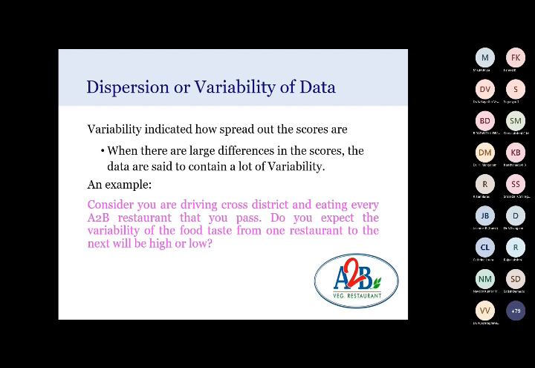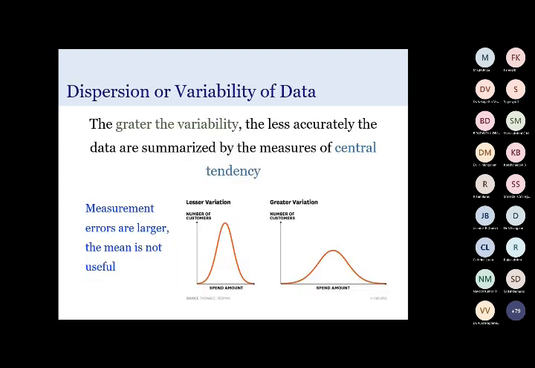The variability indicates how spread out the scores are. We know many variability measures: standard deviation, variance, range, interquartile range, IQR, and so on. We will see what variability measures we have.